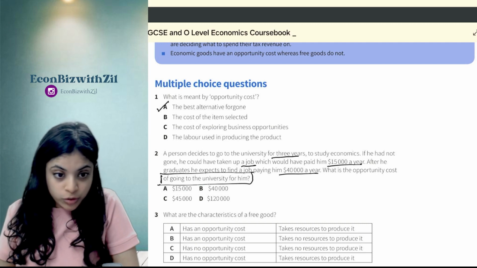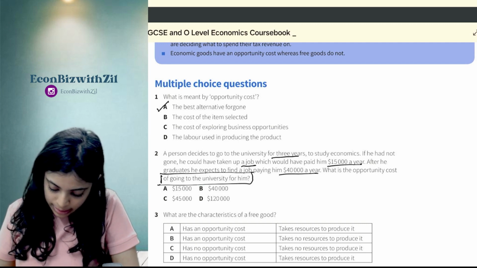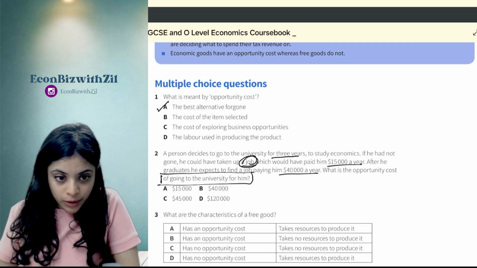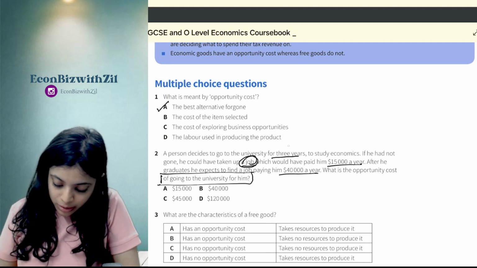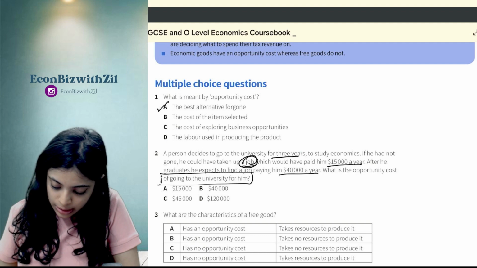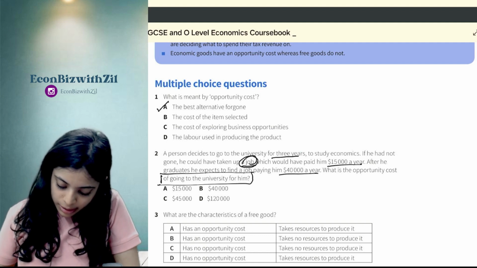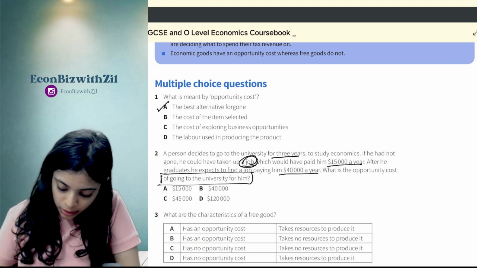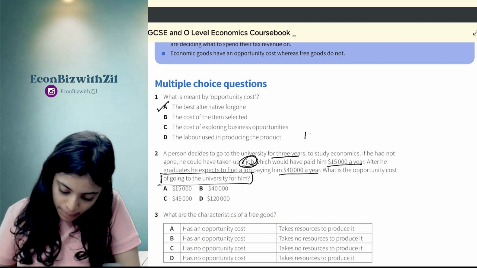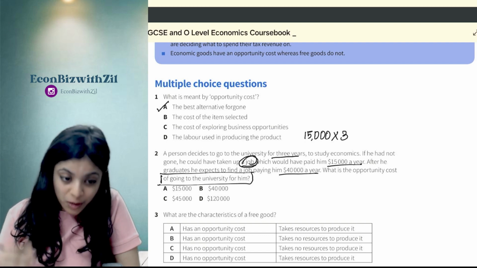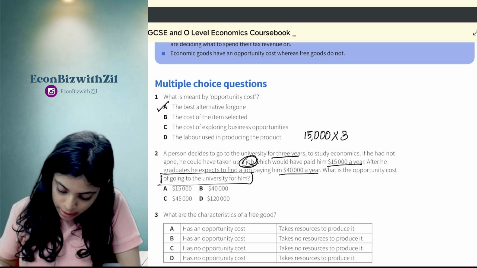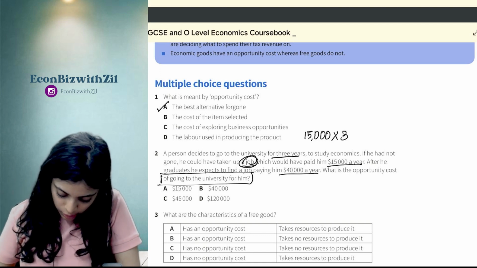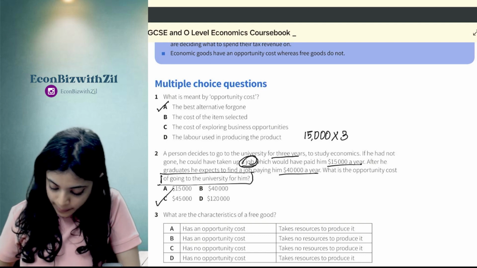If he chooses university, he doesn't get this particular job, which is $15,000 a year. Now please note his university is for 3 years. So his opportunity cost is the job that he didn't take, but it's going to be 15,000 times 3 because we're talking about 3 years of university. So your answer is going to be C, 45,000.